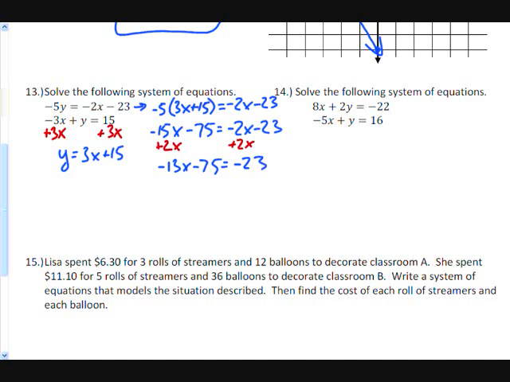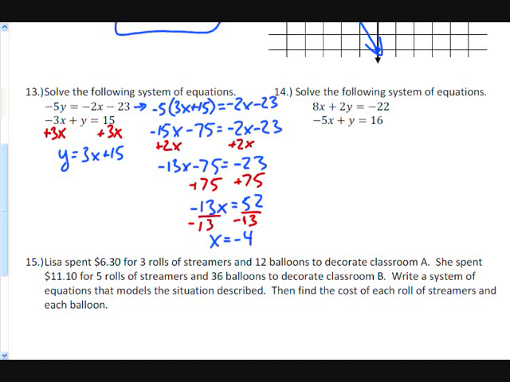And now the next thing I'm going to do is add the 75 to each side. So when I do that, I get -13x equals 52. And now I just have to divide each side by -13. And when I do that, I find out that x equals -4.